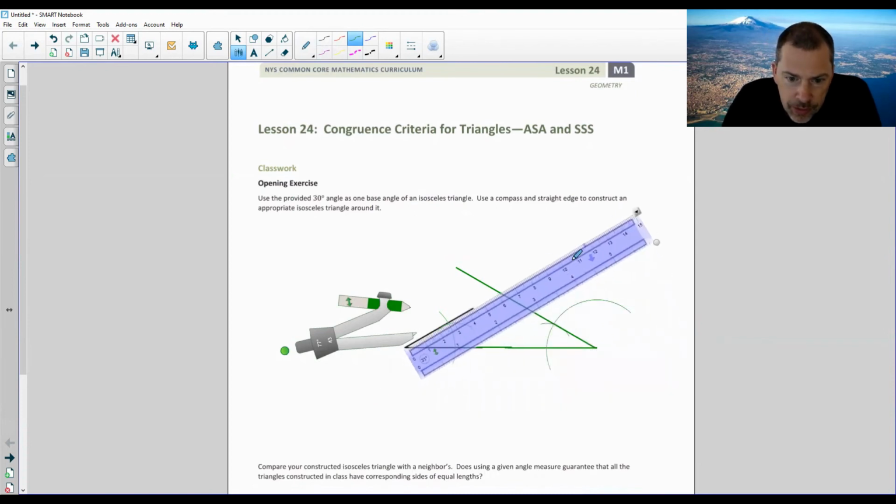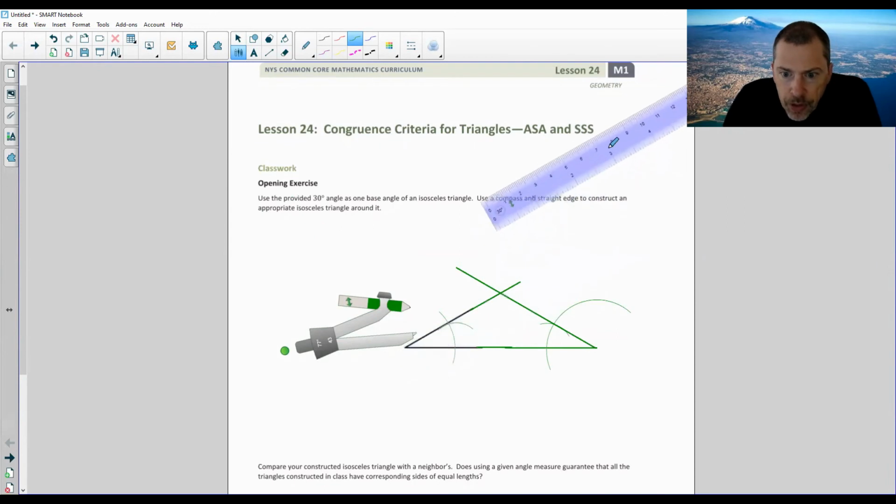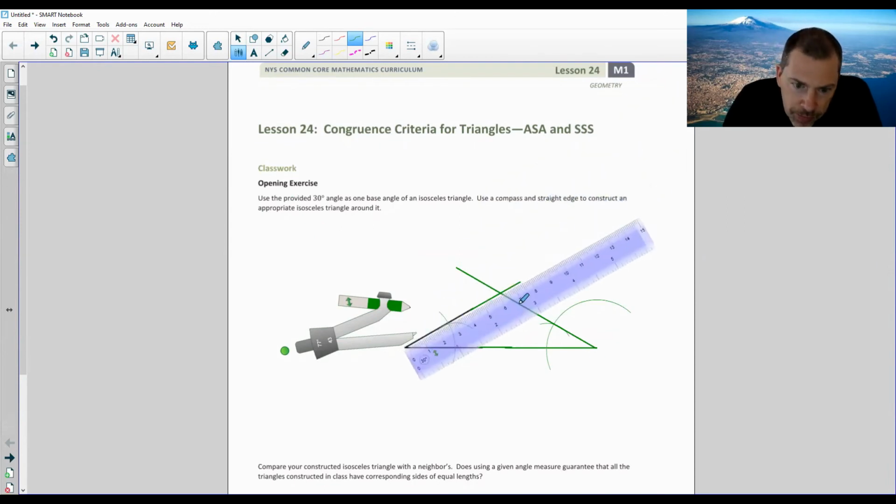Rotate this like so, and extend this. Okay, so if I look and measure this, this should be the same as the other leg.